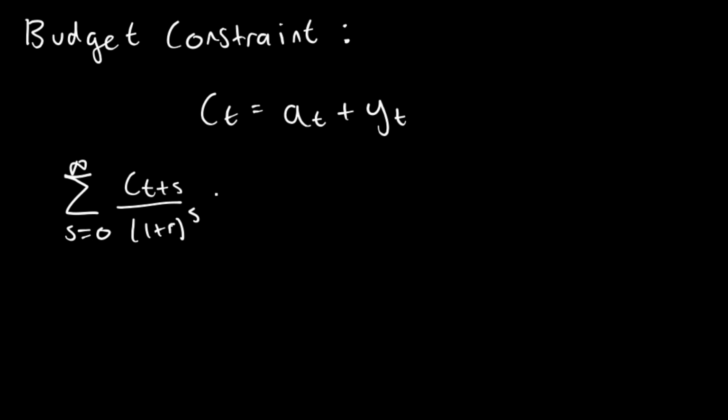So the present value of consumption from our infinitely many periods is going to be equal to the interest rate multiplied by the asset that they're endowed with in the very first period. Because remember, as I was emphasizing, they only get this asset in the very first period and they do not get it thereafter.